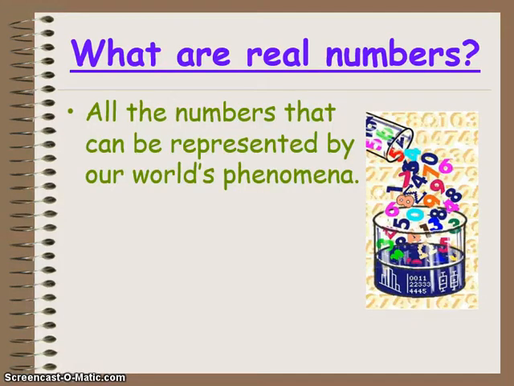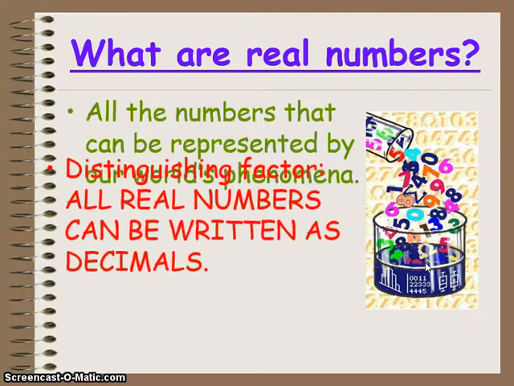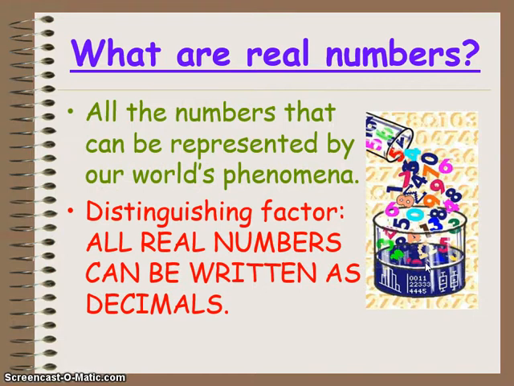When you ask for 2 cookies from your mommy and you put your 2 fingers up, you are depicting a real number, a number that could be shown. Now, there is one mathematical characteristic of all real numbers, and that is this one distinguishing factor. All real numbers, every single one of them, can be written as a decimal.